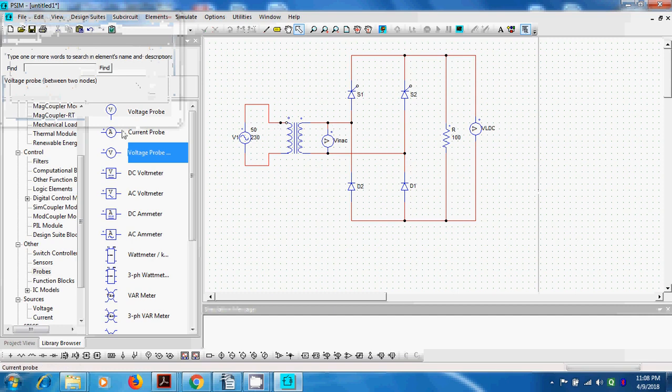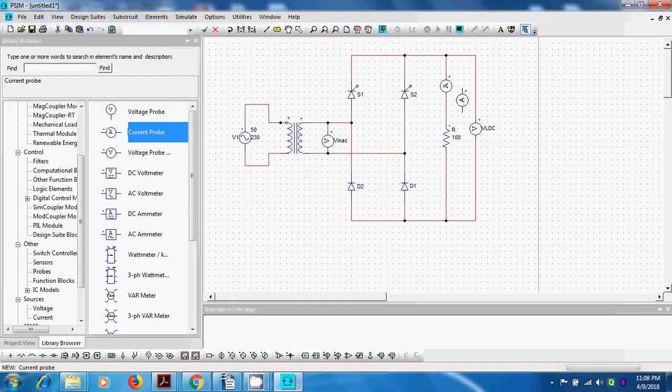Similarly, if I want to find ILDC, it is measured in series, and this dot is towards positive. This is generally measured because current flows through this resistor, so this is my current. Okay, so this is ILDC, now this is VLDC.